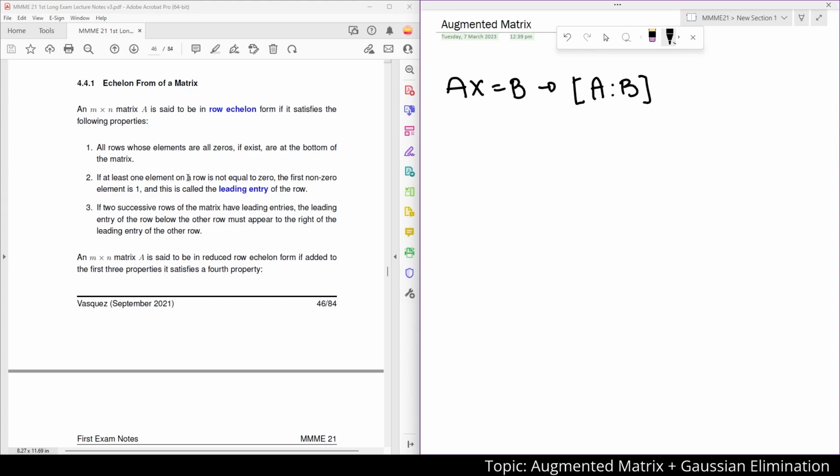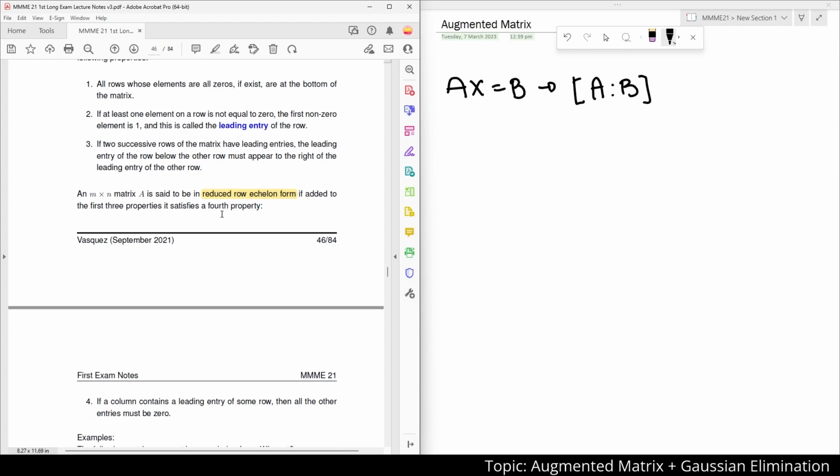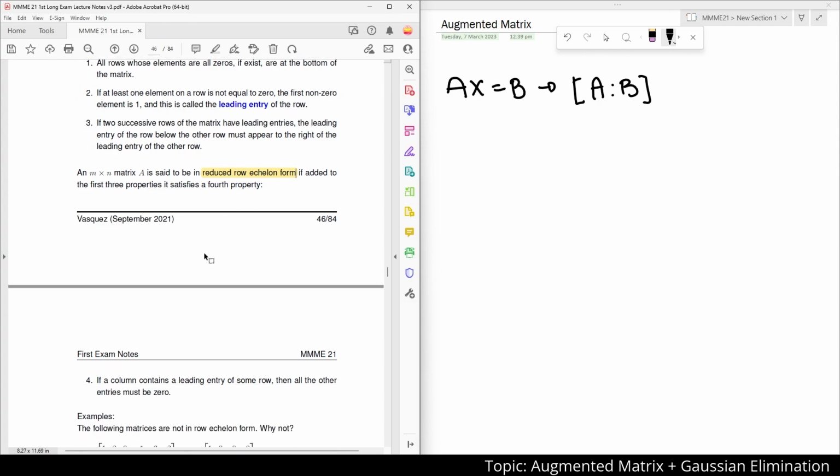Furthermore, an M by N matrix A is said to be in reduced row echelon form. Iba tong reduced row echelon form, it's a special kind of row echelon form, okay? This reduced row echelon form, if added to these three properties, satisfies an additional property in which if a column contains a leading entry of some row, then all the other entries must be equal to 0.